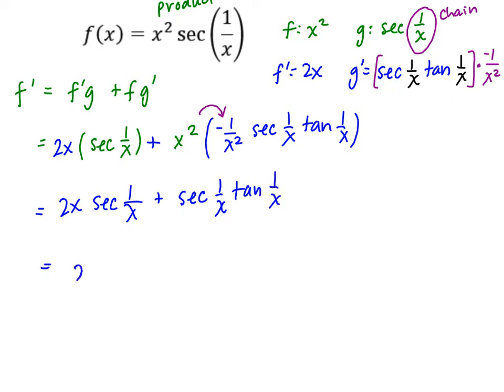So I would say that's the secant of 1 over x times 2x plus tangent of 1 over x for the derivative f prime.